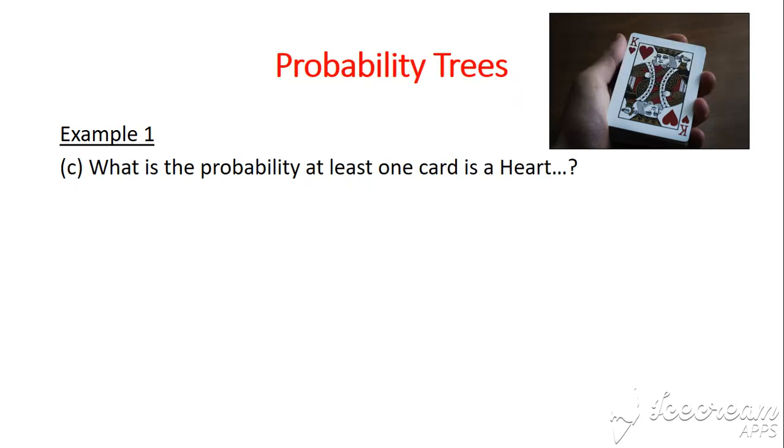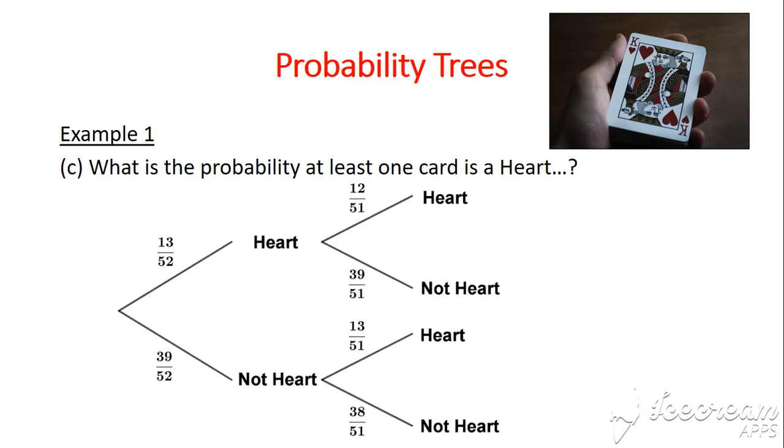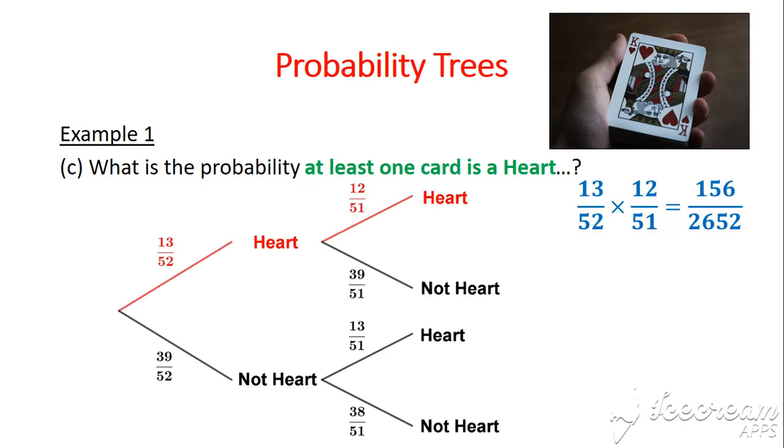Part C: what's the probability at least one card is a heart? Here's our tree diagram, and we want at least one card to be a heart. So here's one scenario: we could get a heart and a heart. Even though there are two hearts, at least one of them is a heart. So we multiply those probabilities to get 156 out of 2,652.